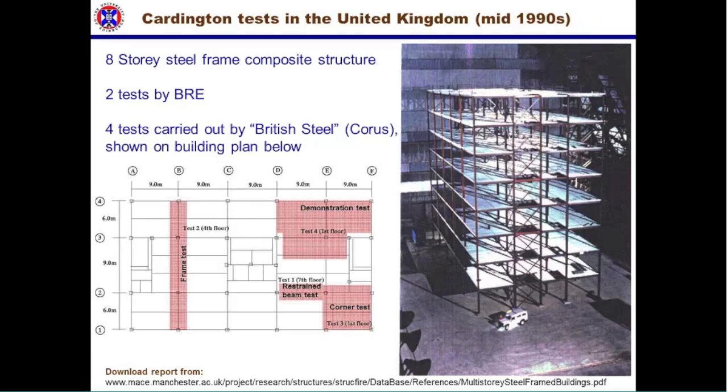This plan shows the 4 tests that were carried out by British Steel at the time. You can download the report on those tests at the URL given at the bottom of the slide. This is a picture from one of the smallest tests, the strain beam test, which we did a lot of modeling to understand.